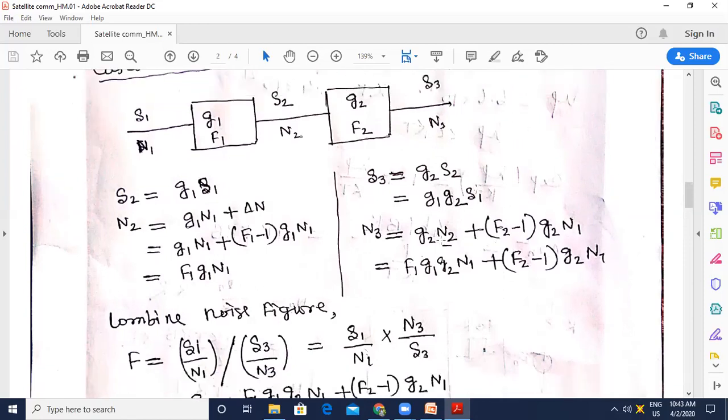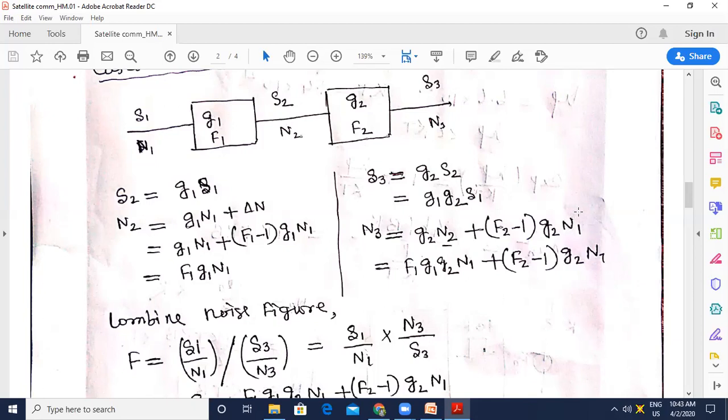For N3, it is G2 times N2, this noise is multiplied by this gain, plus, like the earlier case, F2 minus 1 into G2 times N1. This is not N2. Why? Because for this device N2 is the input noise, but this device and that device operate in the same environment.